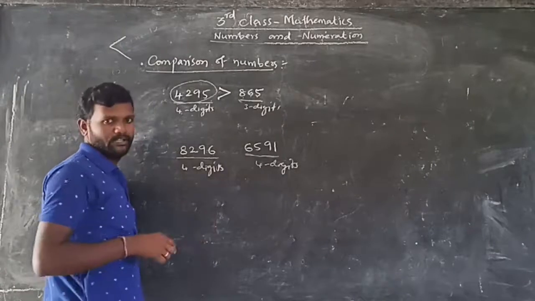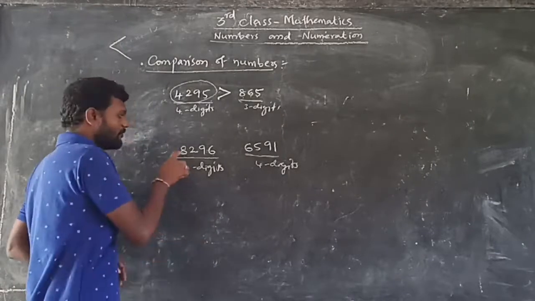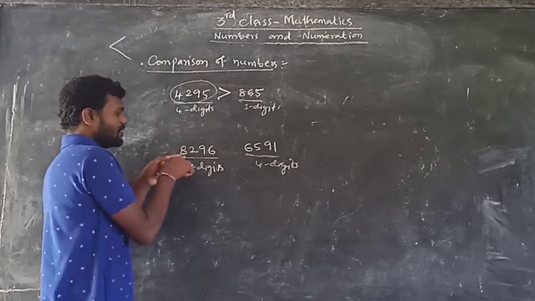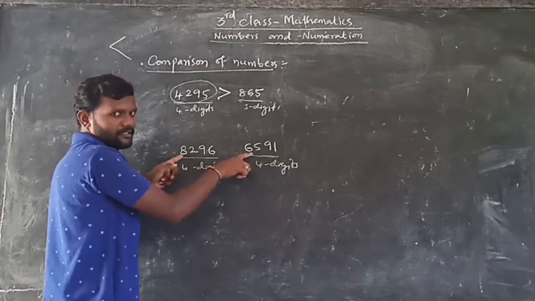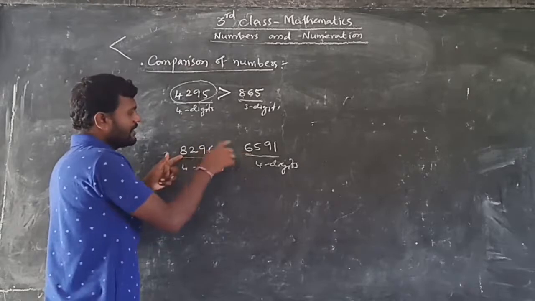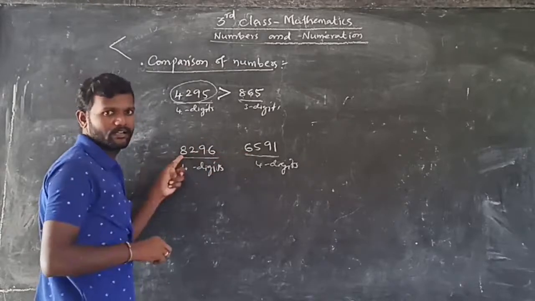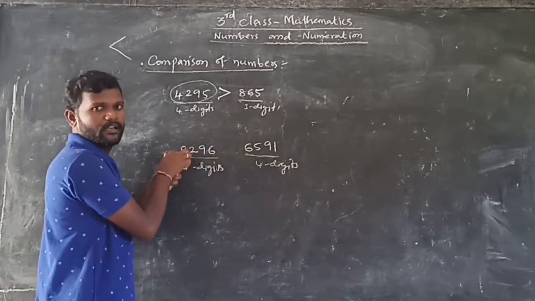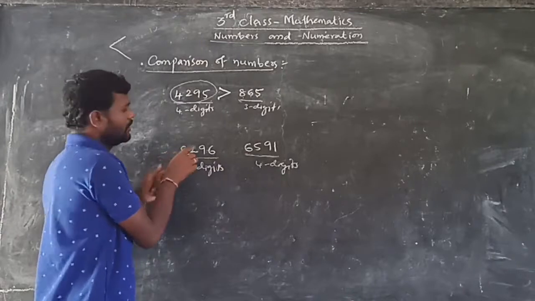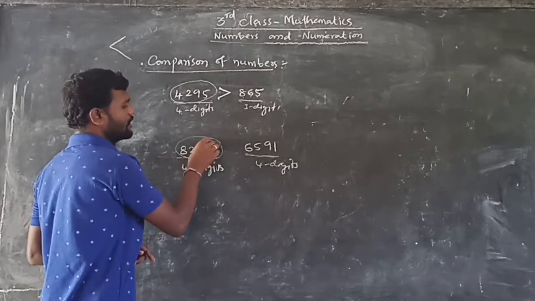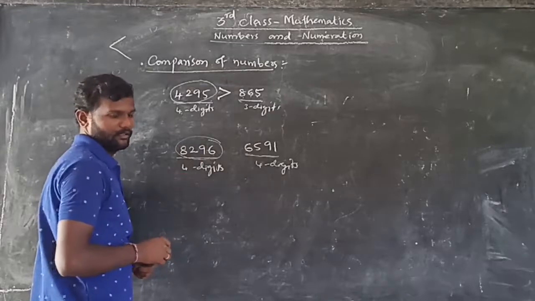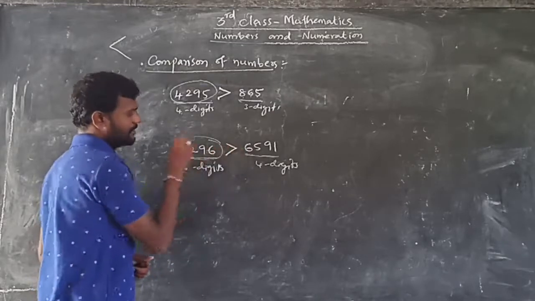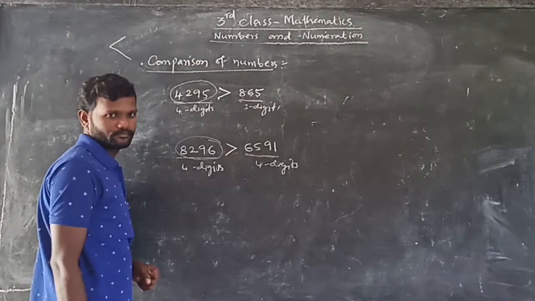So now what we have to do is observe from this side. What is the first number? 8. What is the first number in this? 6. In 8 and 6, which is bigger? 8 is bigger. So this number is bigger than this one. So we write the greater than symbol between them.